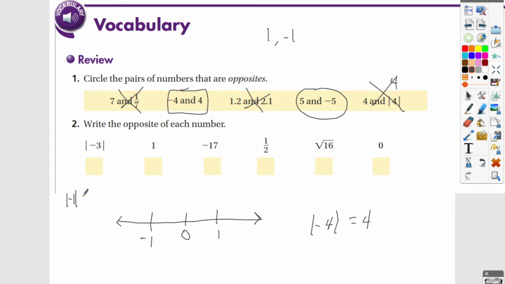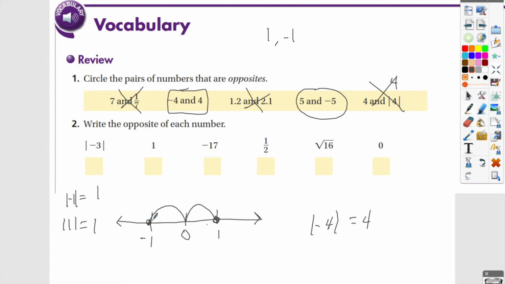Well, if I were to figure out the absolute value of -1 and the absolute value of 1, they're saying what is the distance from 0? Well, the distance from 1 or -1 to 0 is 1 unit. The distance from 1 to 0, again, is 1 unit.